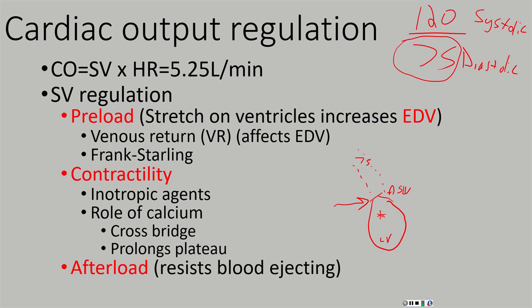What is it that causes a valve to open or close? Pressure. Pressure has to be higher in the ventricle than it is in the aorta. So, if we were to just put a number on it, we would say the pressure in the left ventricle has to reach 76 mmHg, and then blood can be ejected.